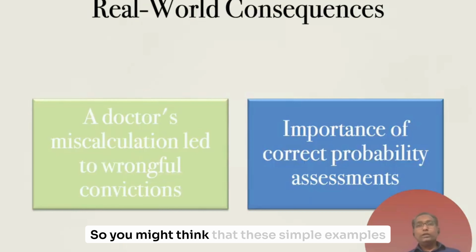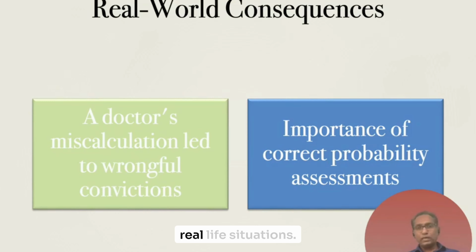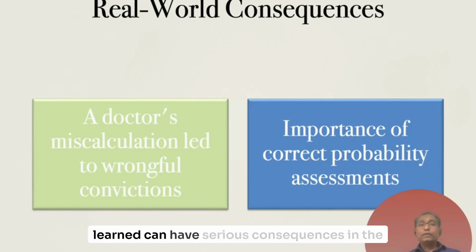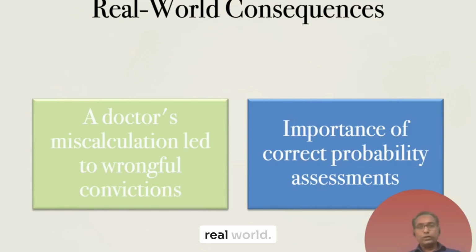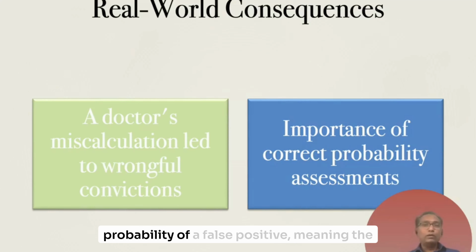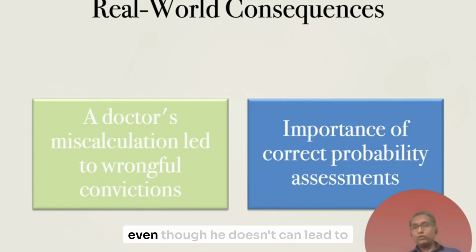So you might think that these simple examples are abstract and don't apply to our real life situations. But misapplying these rules that you've just learned can have serious consequences in the real world. For example, in medicine, miscalculating the probability of a false positive, meaning the probability of misdiagnosing a person as having a condition even though he doesn't, can lead to unnecessary treatments.